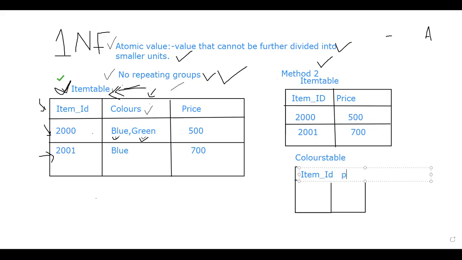So here let me write item ID, and the price. Right. So let us do this. And here we'll be having the item ID, so 2000 will be coming here. Sorry, here it should not be price, actually it must be colors. There was a mistake, sorry for that.